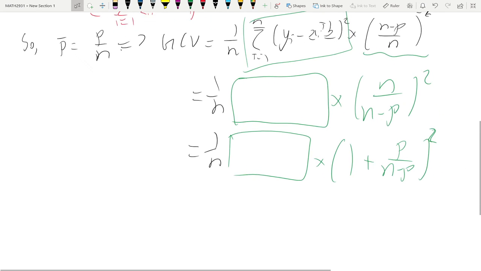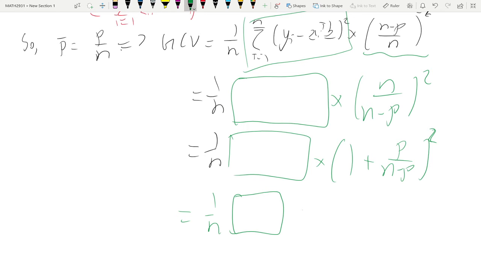And if you were to expand this thing over here, you'll get close to 1 on N squared, because this thing appears in both terms anyway, 1 plus 2P over N minus P plus P squared over N minus P all squared.